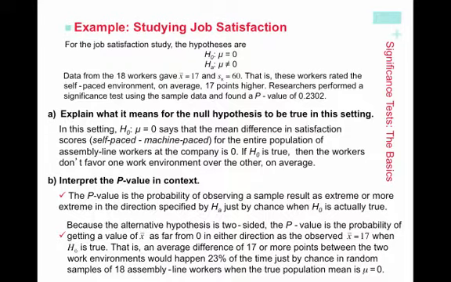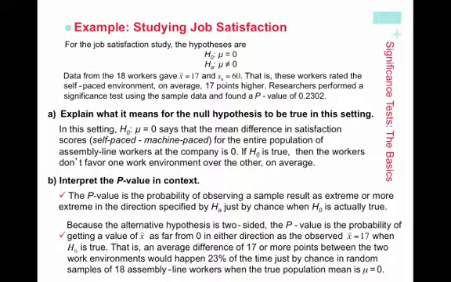Because our alternative hypothesis is two-sided, the p-value is the probability of getting a value of x bar as far from 0 in either direction as the observed x bar when H0 is true. That is, on average, the difference of 17 or more points between the two work environments would happen 23% of the time just by chance in samples of 18.